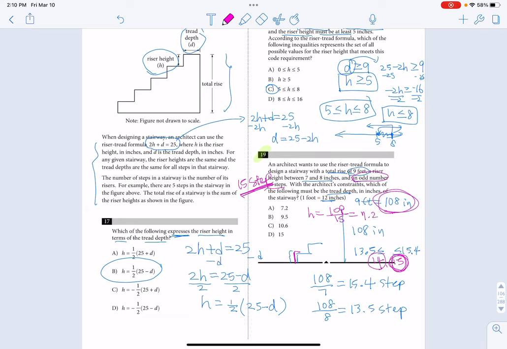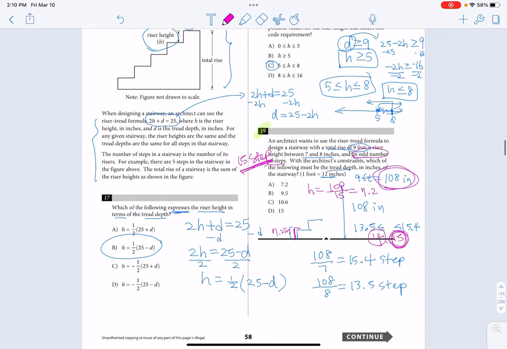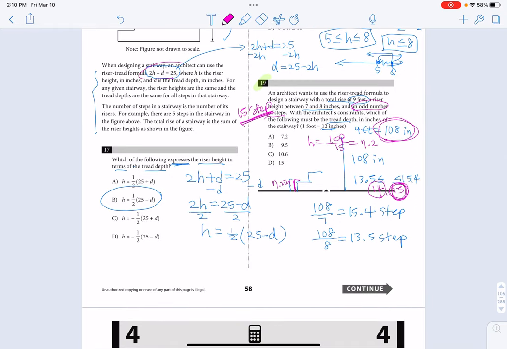So each riser height is 7.2 inches, and they want to know the tread depth, which is d. In the formula they gave you, 2h plus d equals 25, we got the h value as 7.2, so 7.2 times 2 is 14.4. 14.4 plus d equals 25.